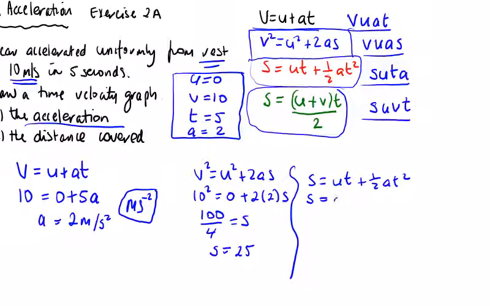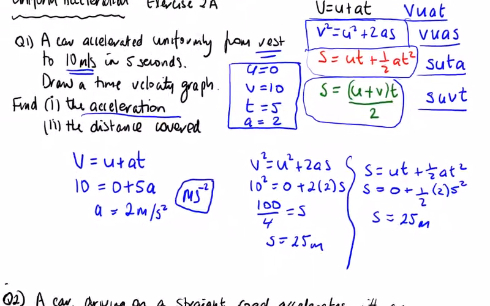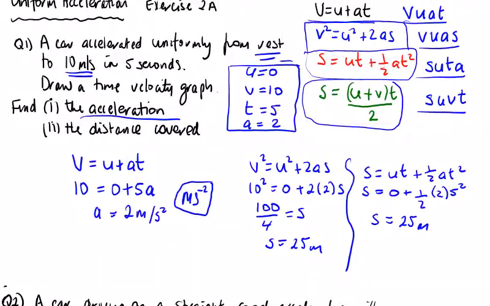So s is equal to 0 plus a half times 2 times t squared, which was 5 squared. So s is equal to 2 25s are 50 divided by 2 is 25, and these are in meters. And you can see we could use the last equation as well. So write down your variables, figure out what they're asking you, fill the information into the formulas.